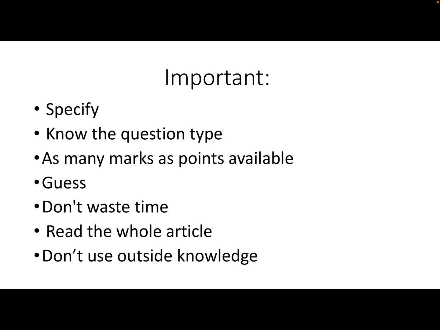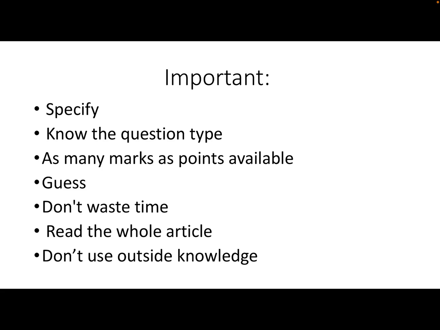So the most important things are to specify. You will not get marks for telling me that parenthesis includes extra information. You will not get marks for telling me that any piece of imagery compares one thing to another. Right? Those are all basic things. You are being asked to apply that knowledge to an article.